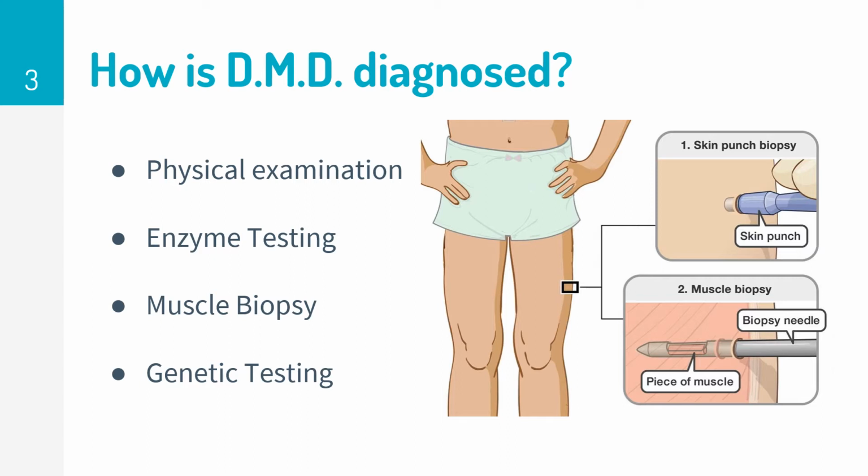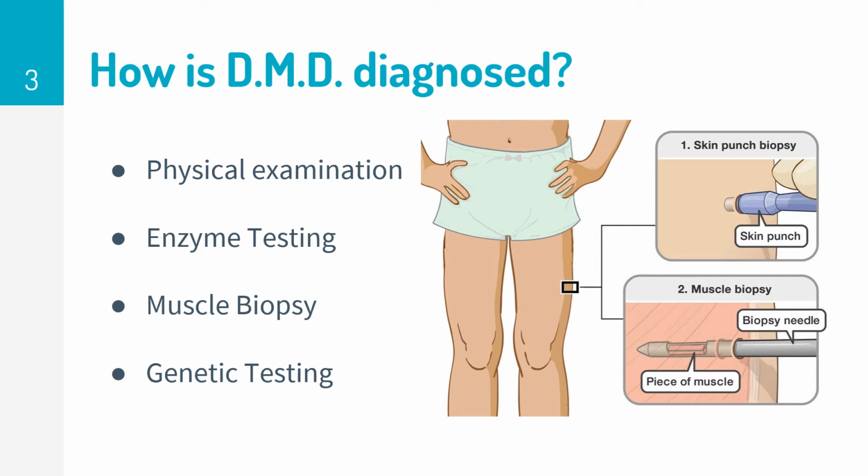The third way is through a muscle biopsy. This is more of an archaic way of testing and diagnosing for DMD because genetic testing has kind of taken the forefront. But with muscle biopsy, a piece of muscle is actually extracted from a patient, and then the muscle is analyzed to determine what is going on inside of it.